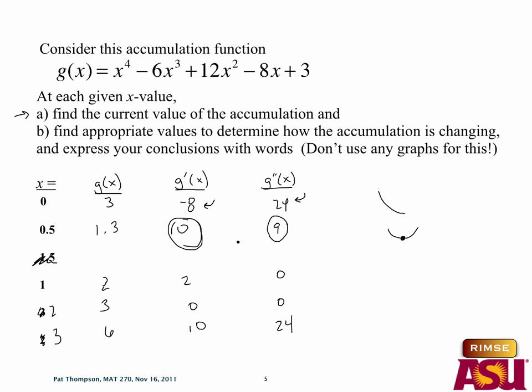The only way for the derivative to be increasing and go through 0 is if the derivative was negative to the left and positive to the right. That translates to the function itself decreasing to the left and increasing to the right. Does that make sense? Yes.